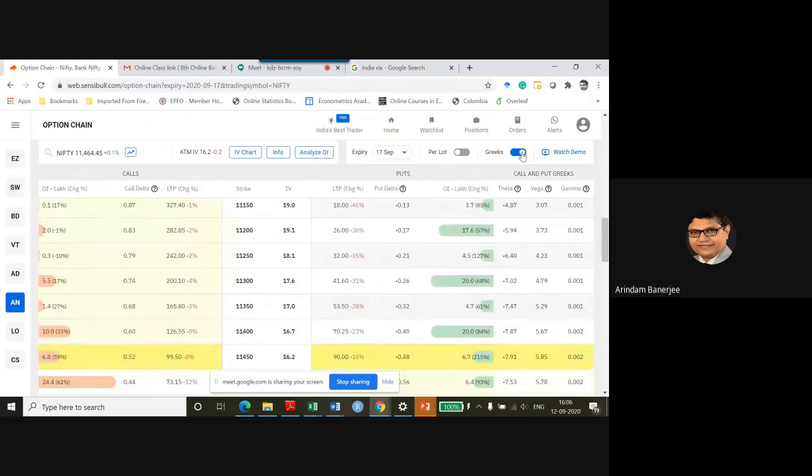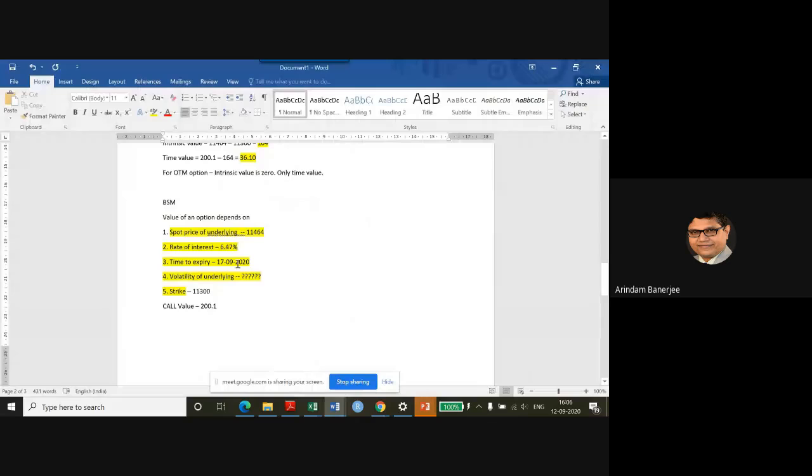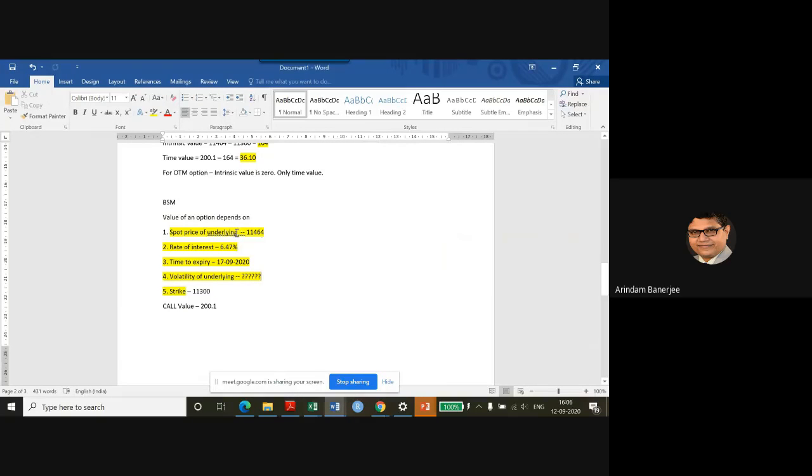so you can see the Greeks. As per the Black-Scholes model, the price of an option is dependent upon these 5 parameters. So if any of these 5 parameters change, obviously the option value will change.